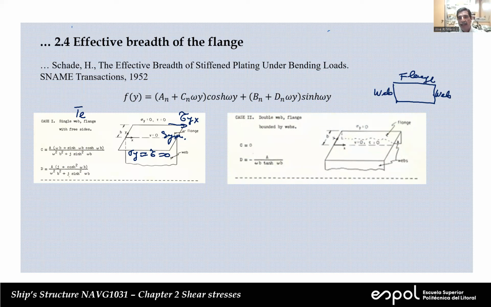In this case, again, on the center you have a symmetry axis, so again there is no displacement in the y direction. And you can remember from chapter 2.2 that since this is a symmetric case, in this point here the shear stress has to be 0.